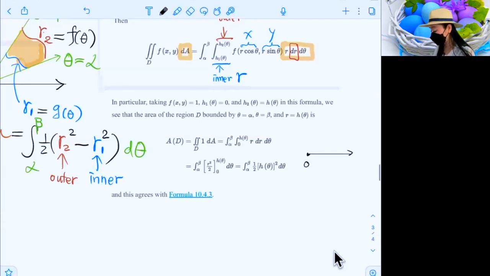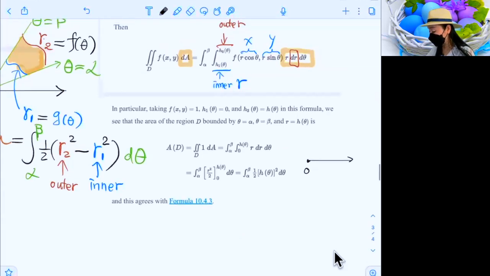I have 0 here, the polar axis. h1 of theta equal to 0 means the inner polar curve is just a single dot here at the pole. And then h2 of theta equal to h of theta, then you're going to get this. This is r equal to h of theta.